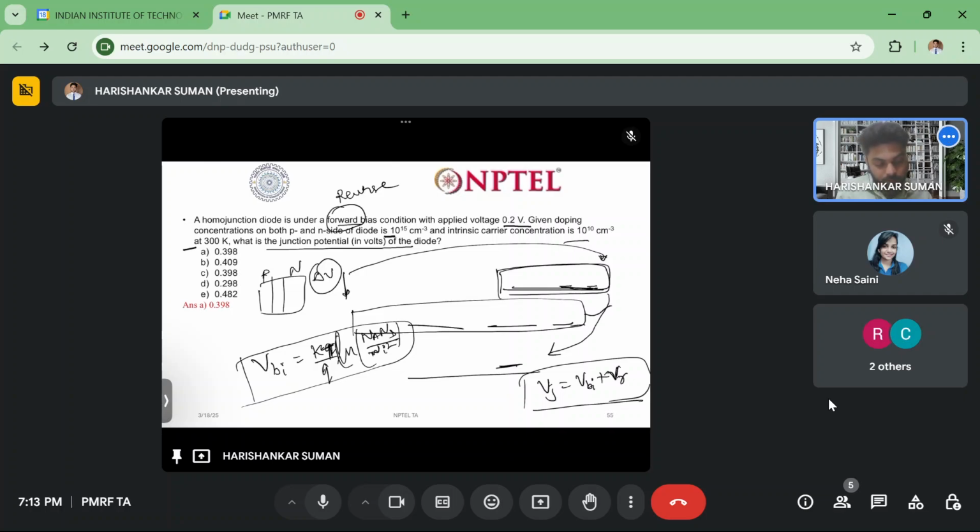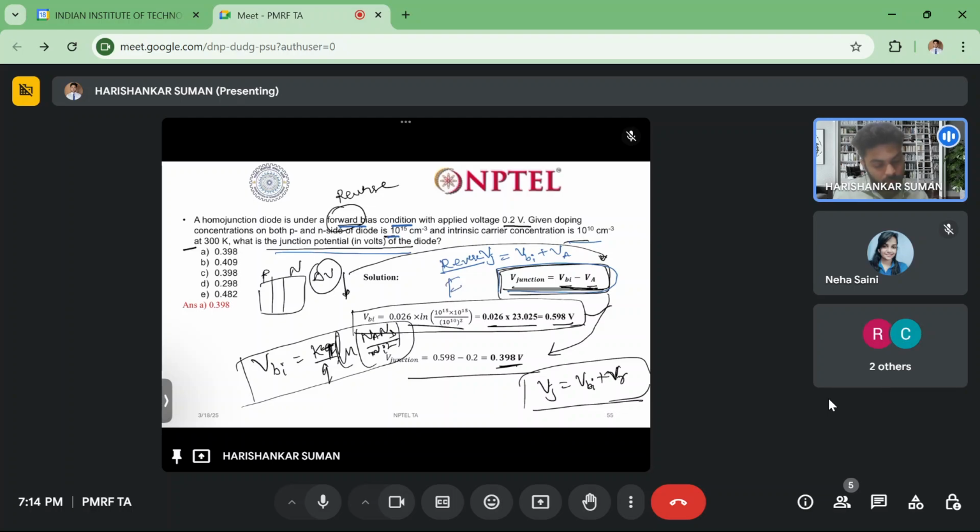So forward bias condition is given. Applied bias is 0.2 volt. Given doping concentration on P and N side of the diode is 10 to the power 15. Intrinsic carrier concentration is 10 to the power 10. For junction potential, it is built-in potential minus applied voltage if forward; if reverse is asked, V junction is V_BI plus applied potential.